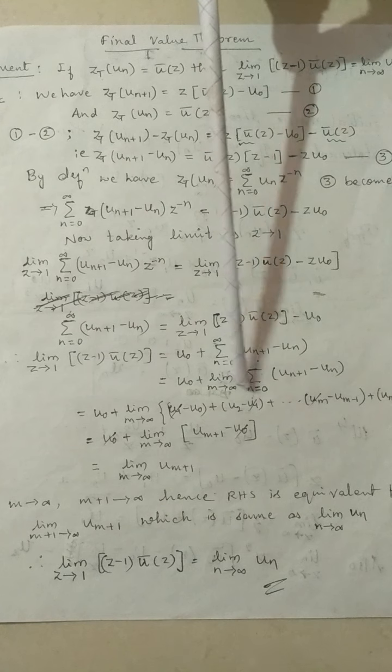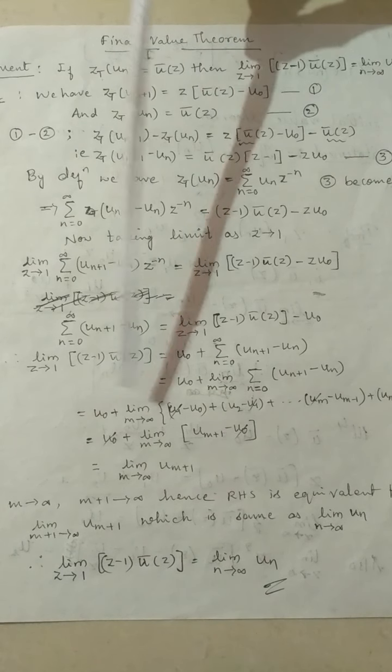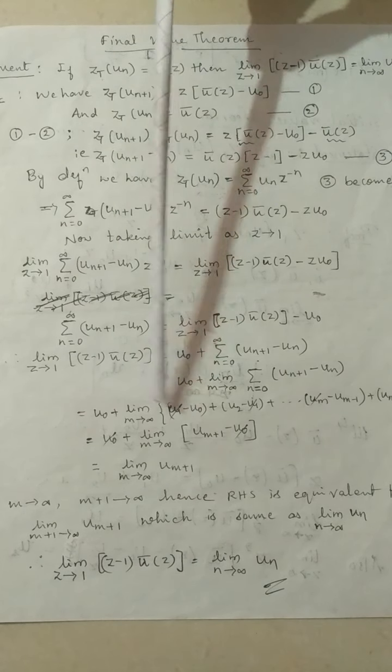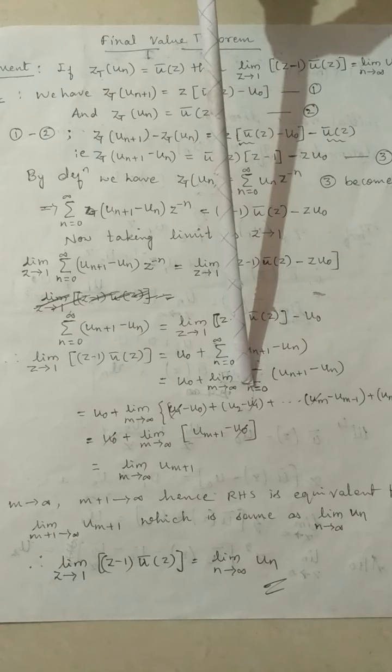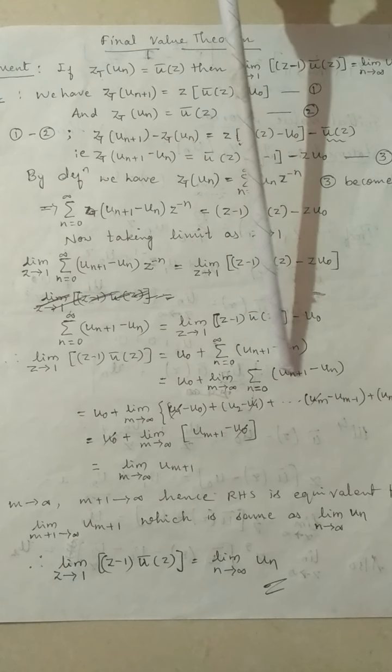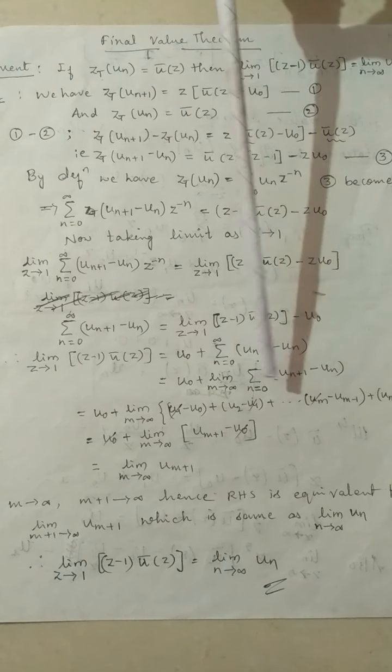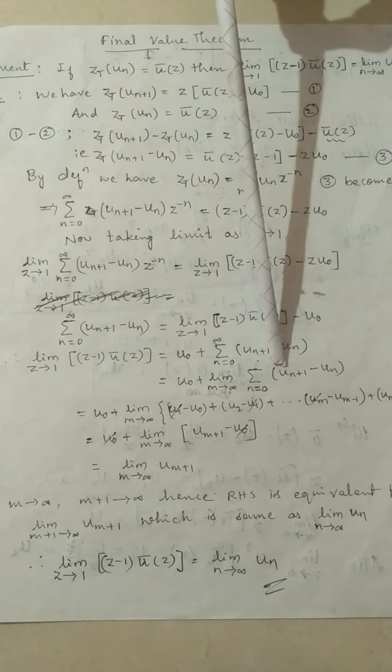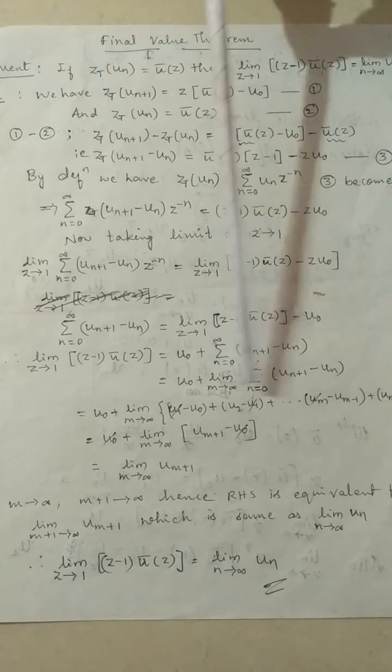limit as m tending to infinity summation n varies from 0 to m of (u_(n+1) minus u_n). Now u naught as it is plus limit as m tending to infinity u1 minus u naught. Because when you replace n by 0, you get u1 minus u naught. Replace n by 1, u2 minus u1.